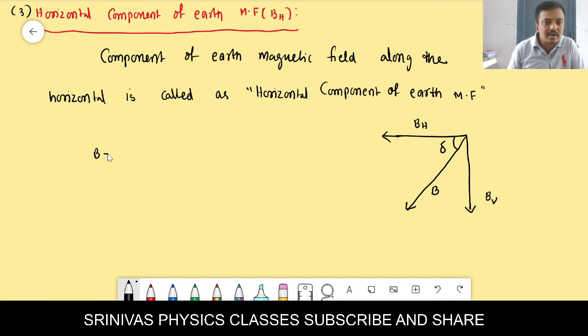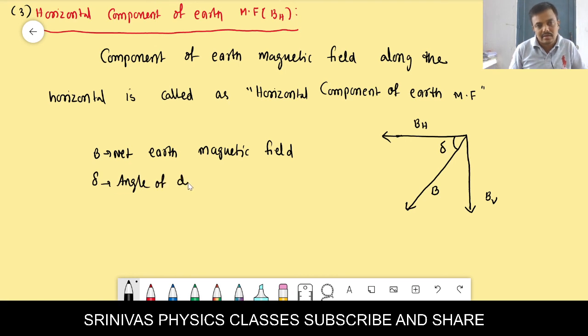B is the net earth magnetic field, and delta is the angle of dip or inclination, right? We resolved the net earth magnetic field into two components.